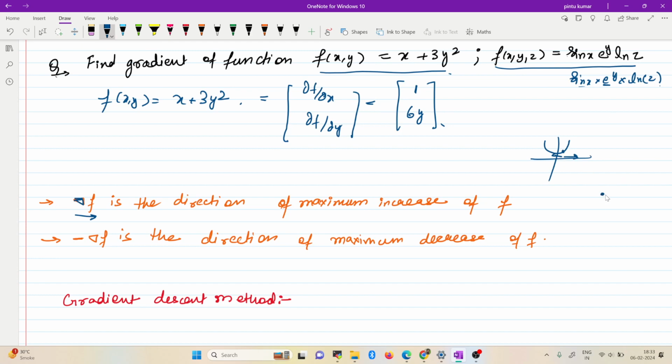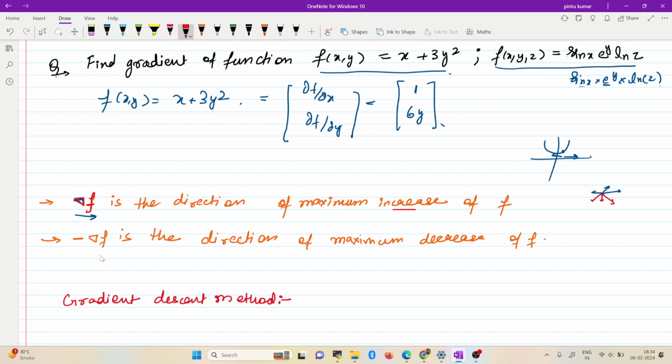But when we talk about higher dimension, there would be some direction in which function would be increasing, there would be some in which it is decreasing, and among them also there would be some direction in which the function increases maximum. That particular direction is given by del of f. This is the direction in which function increases maximum.